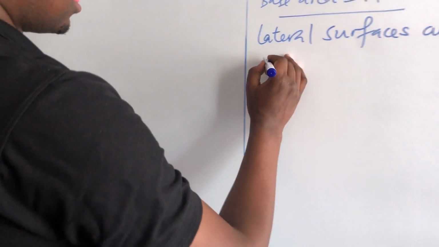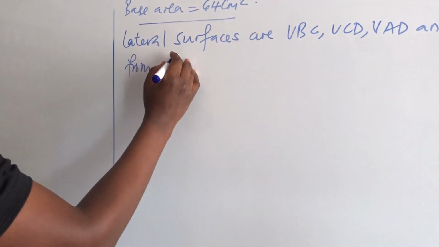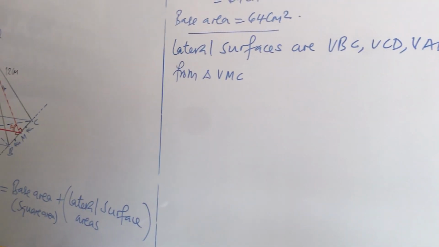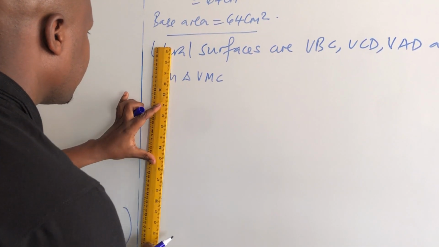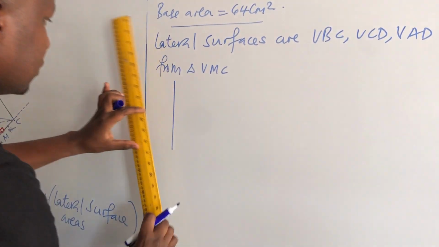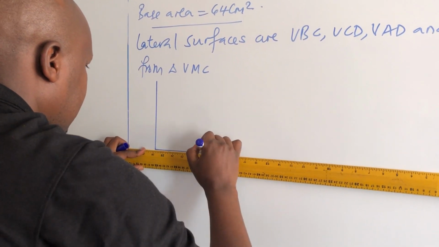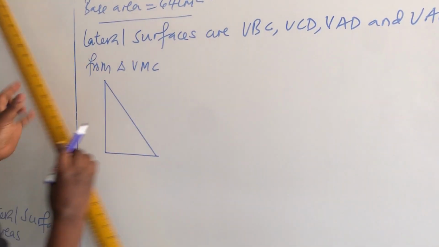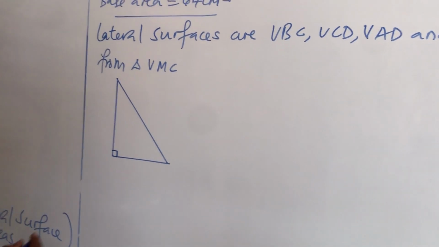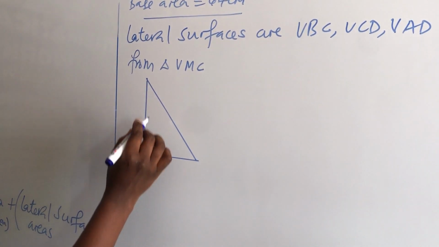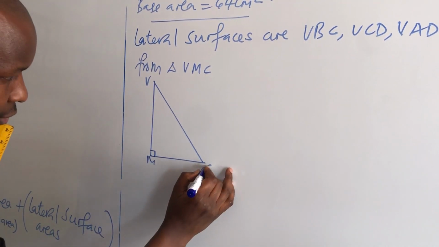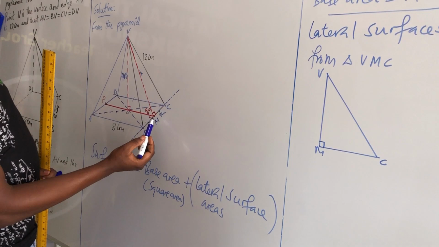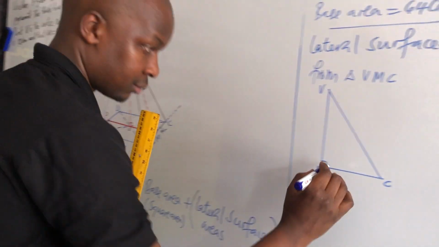So from the triangle VMC, the right angle is at M, here is V, and here is C. So MC is half of BC, which is 4 centimeters.